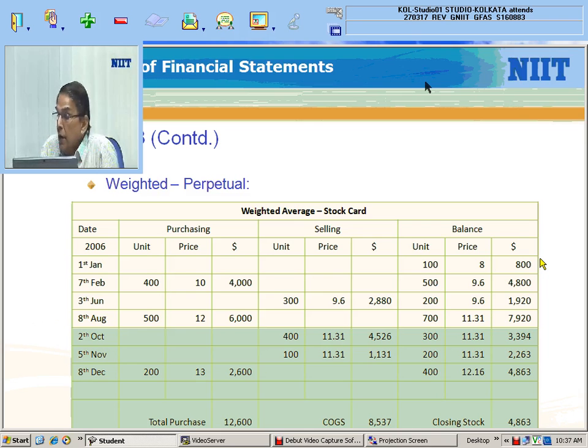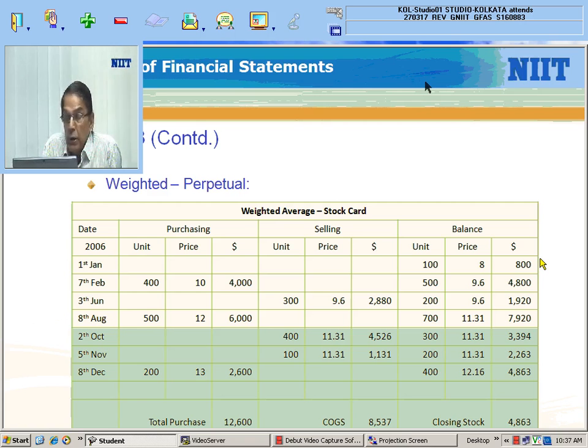On 5th of November, another 100 units were sold, and the average cost of those units was 11.31. So the remaining 200 units remain at 11.31. The value is 2,263.